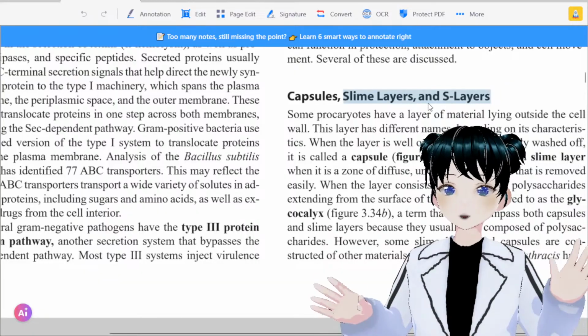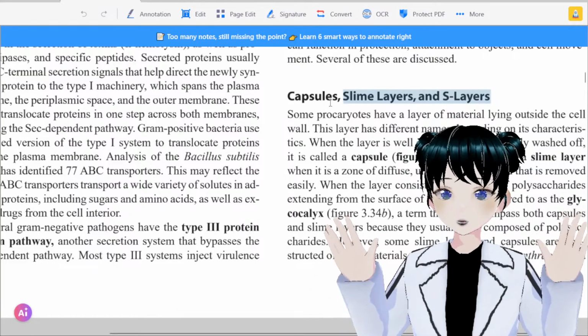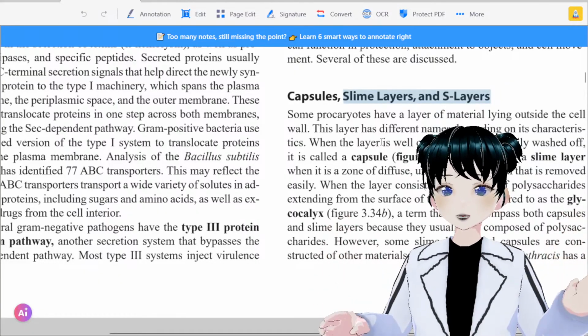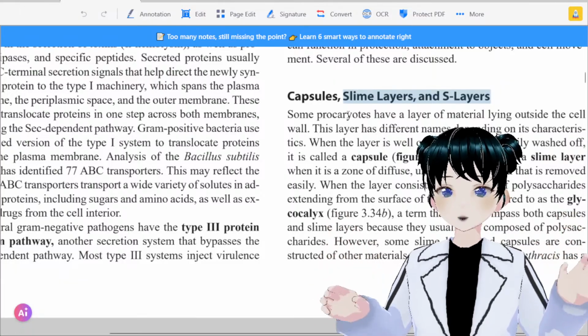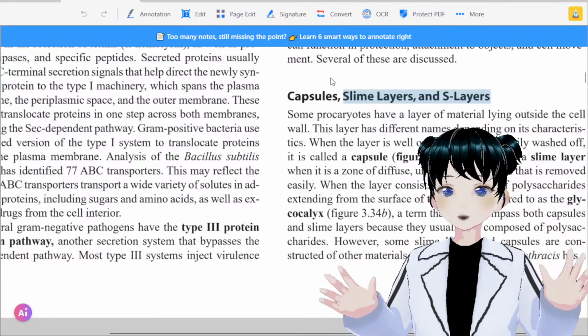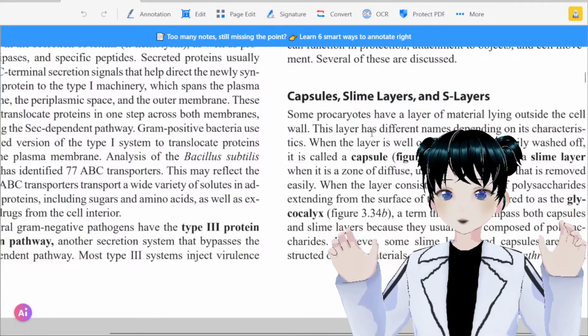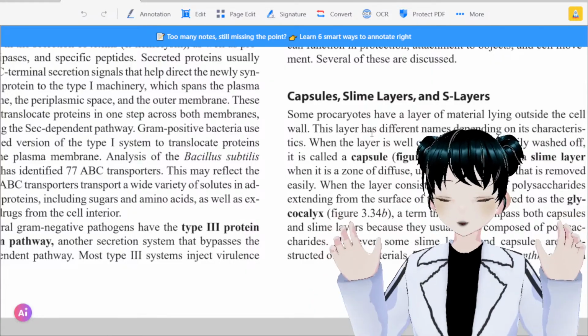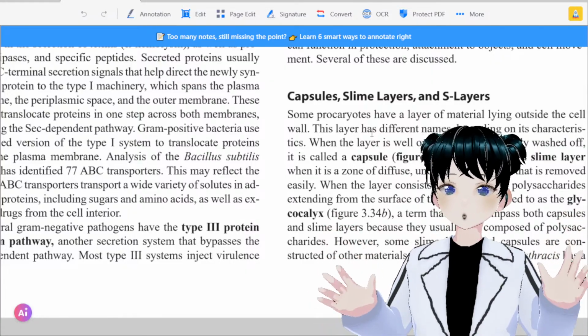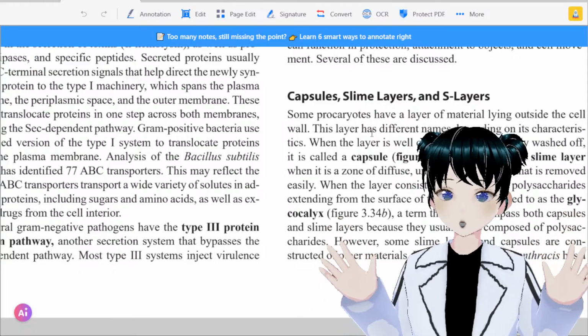Similar will be the case with the slime layers and S layer. They are all layers. Some are made from proteins, some are made from peptidoglycans. Now, the other thing that the capsule, slime layers, and S layers do, mechanism wise, function wise, is evade the immune system of the host cells.